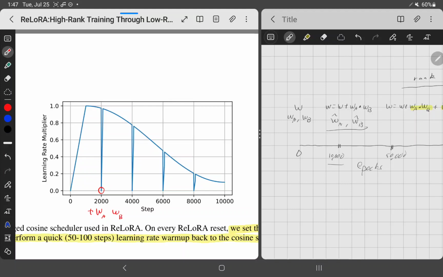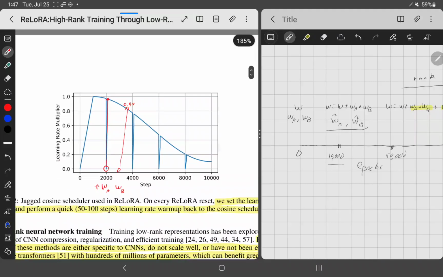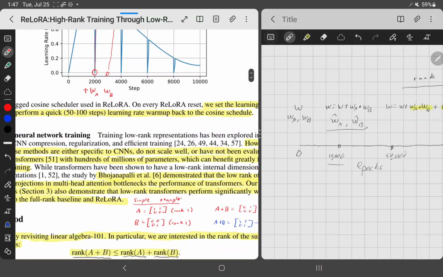So they add these two matrices, and they slowly have a warm-up. I guess it's not that slow, but they have a warm-up. Instead of going directly from 0 to, say, in this case, like 0.97 or something like that over here, you do a warm-up to that point. So that's the first thing they do.